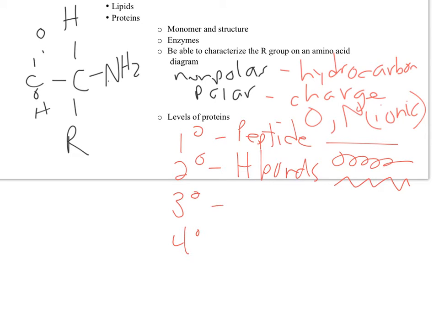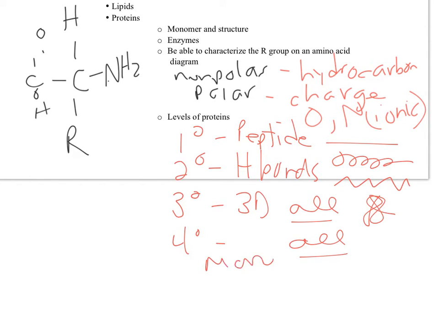And then you have tertiary, which is 3D, and that's due to all the bonds, so that's going to be a 3D shape. And then you have quaternary, which is when you have more than 2 interacting. Okay, so there's a question on your levels of proteins.